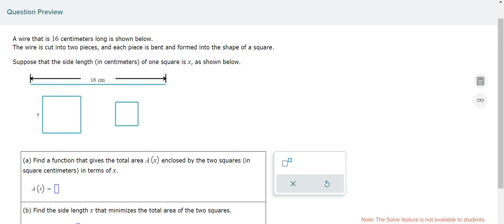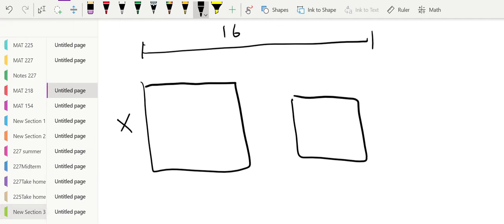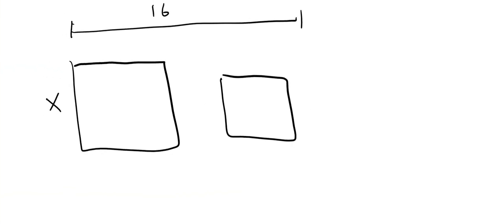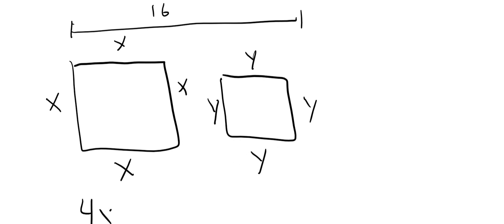Okay, I'm going to write this down on my whiteboard here. Okay, so that's my rough drawing. Now, what it's telling us is that the perimeters of these squares, and I'm just going to name this one y for right now, these are all x's, squares all have the same side length, or in other words, 4x plus 4y should be equal to 16.